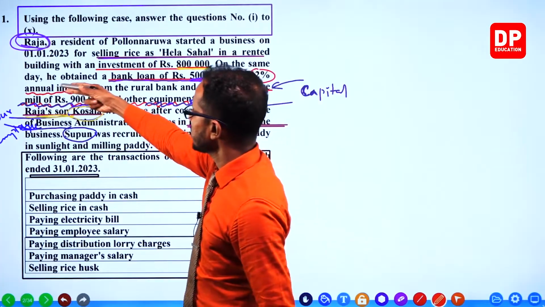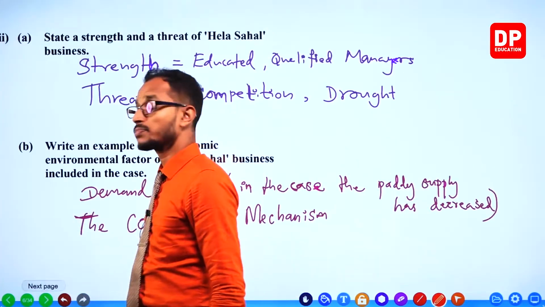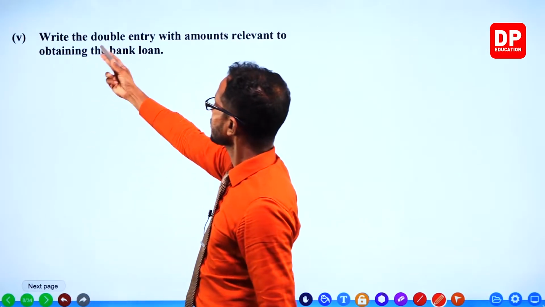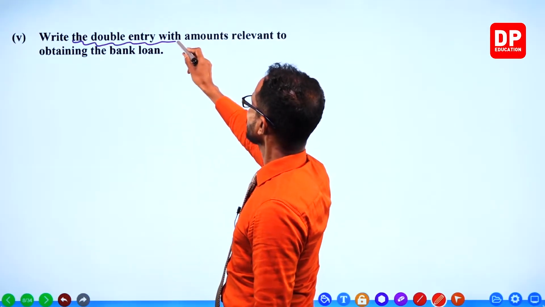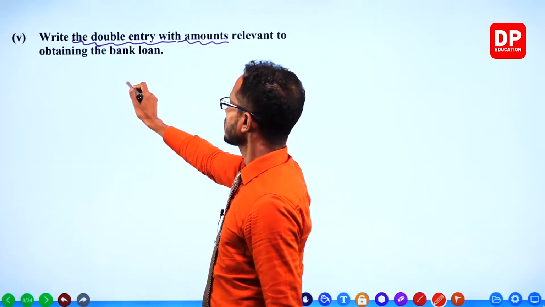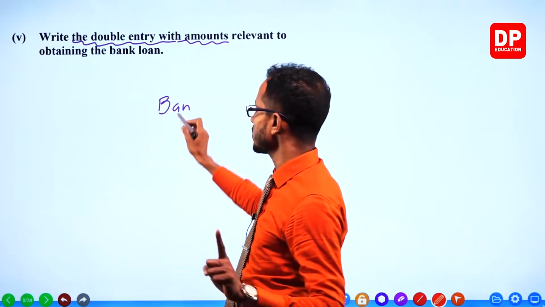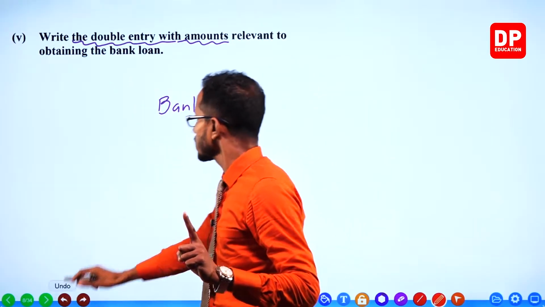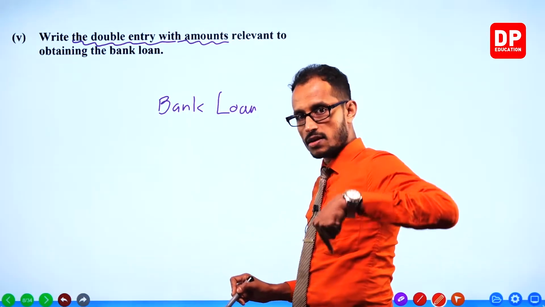You have to write the double entry with amounts. So obviously the first entry must be the debit entry. That's why I'm keeping space here and writing the credit entry underneath.